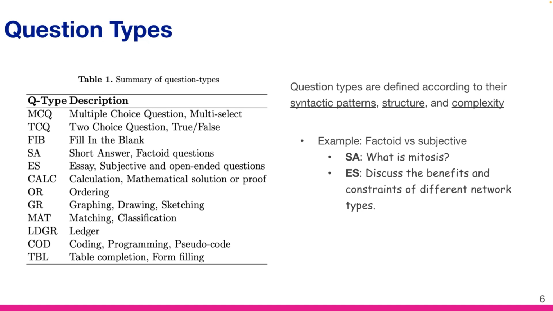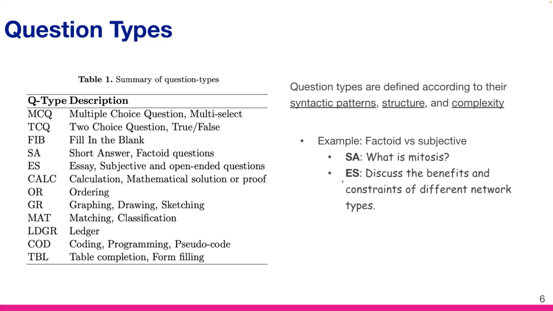These types of factoid questions are categorized as short answers, and I showed here in this slide with SA. On the other hand, if a question is subjective and open-ended, we categorize them under the essay class. An example is here: discuss the benefits and constraints of different types of network.